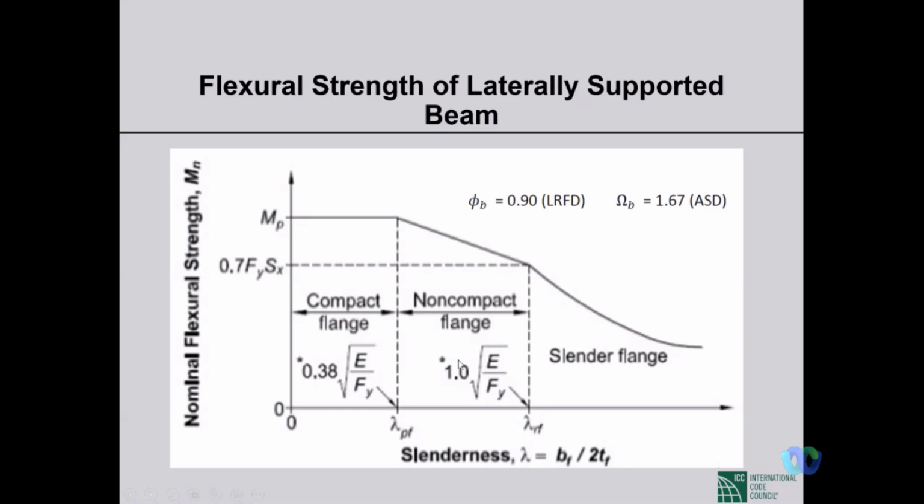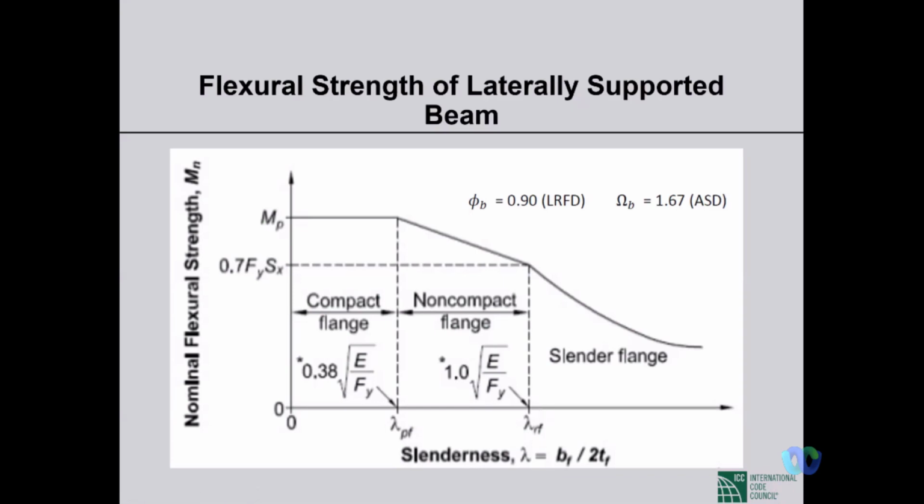If the width thickness ratio is more than lambda r, that means we are talking about flanges. That's why they're F's. So if the slenderness ratio is more than lambda r, then that will be a slender element.